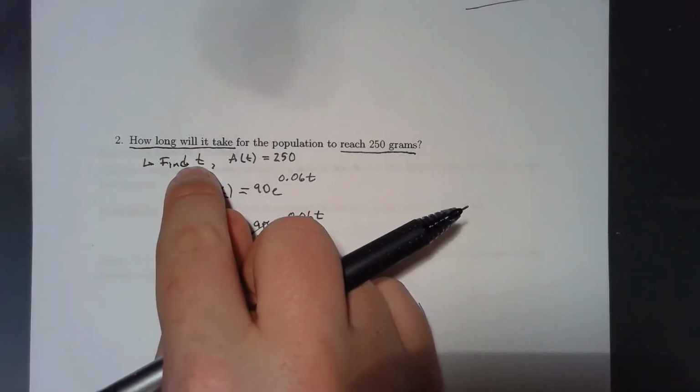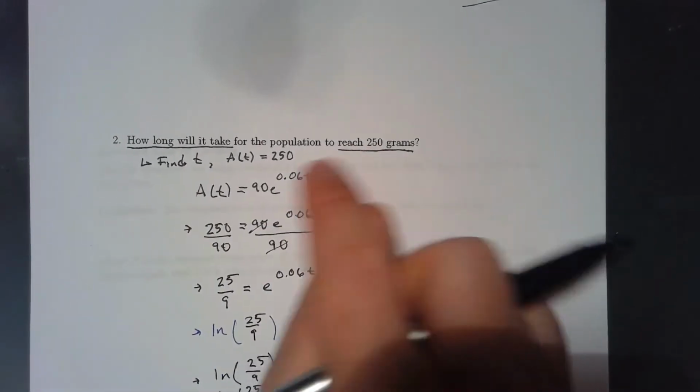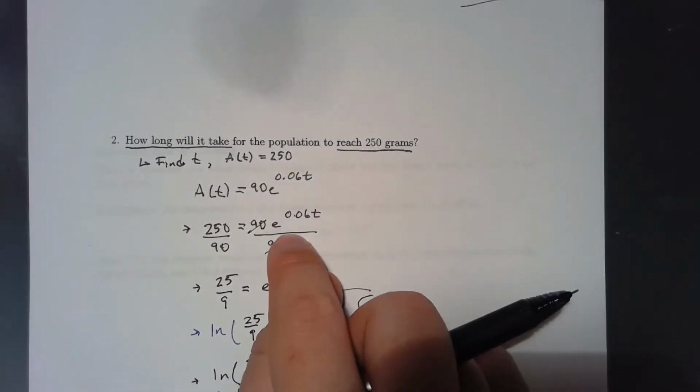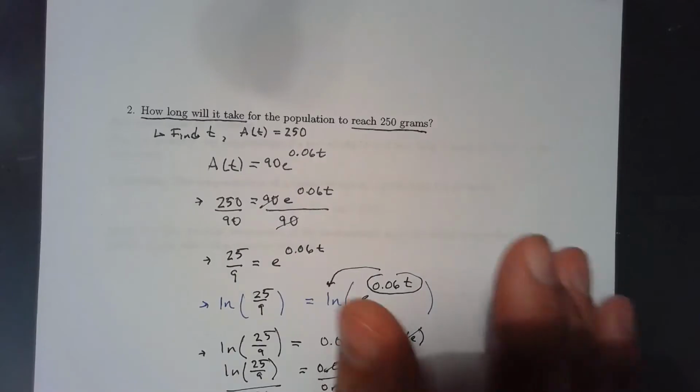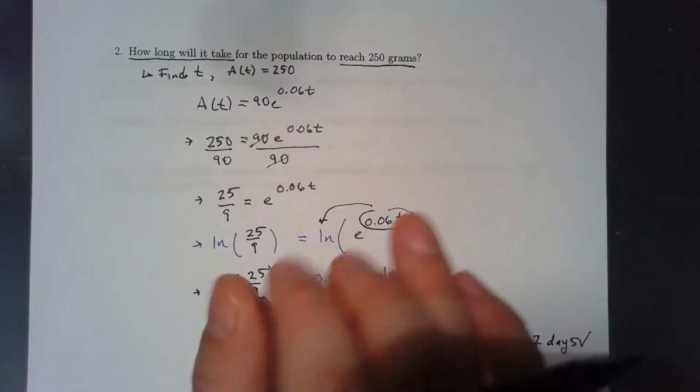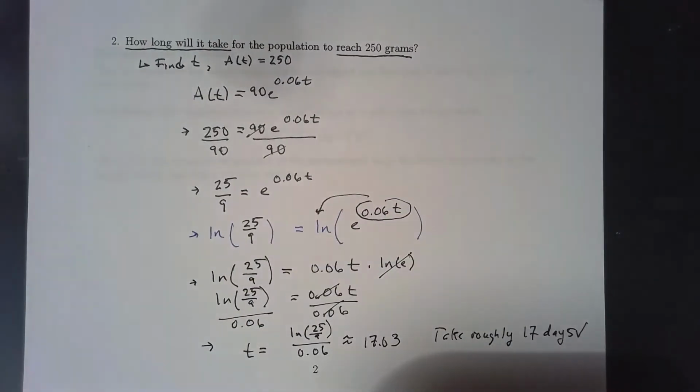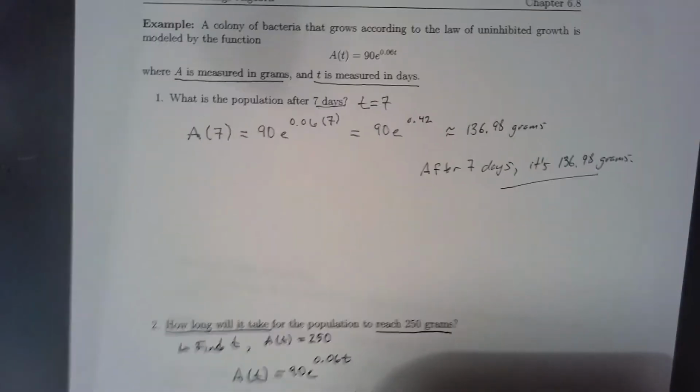So what is the t value when the population is equal to something? The problem's telling you what to find. Once you know what it is you're finding, then you know what to do. From that point, it's just algebra. Okay.